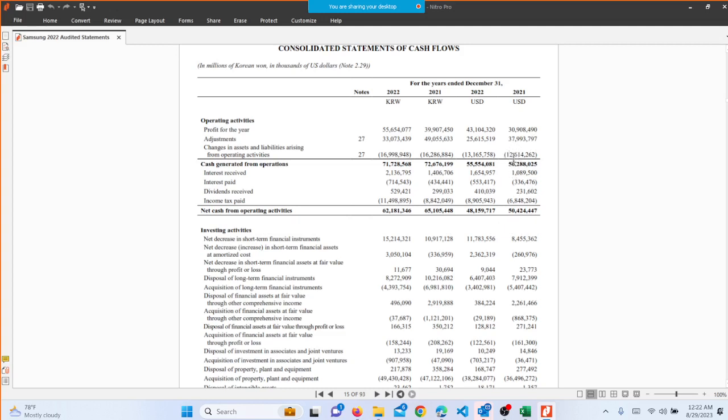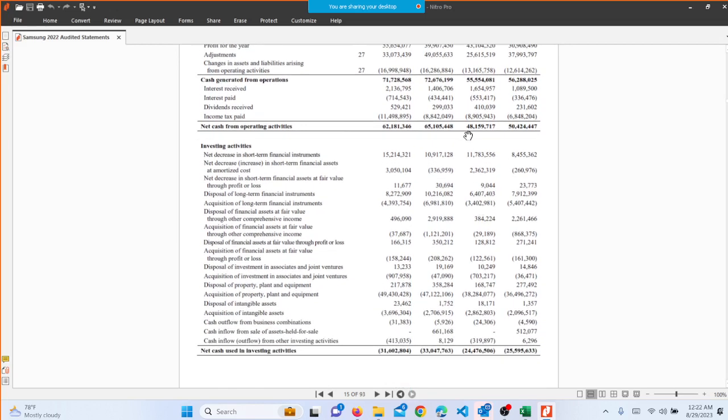Now, where has the money gone, because it's not shown in the cash, right? You can see the investment activities. Out of this 48 billion, the company has invested 24 billion. So the investments have gone into the acquisition of new properties.